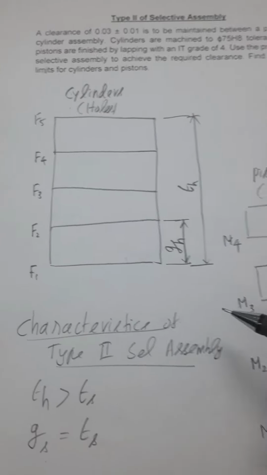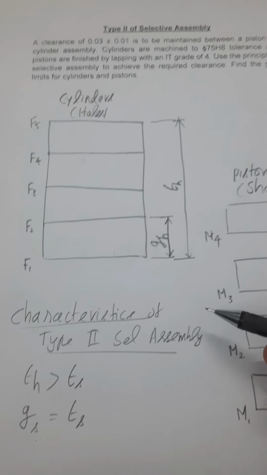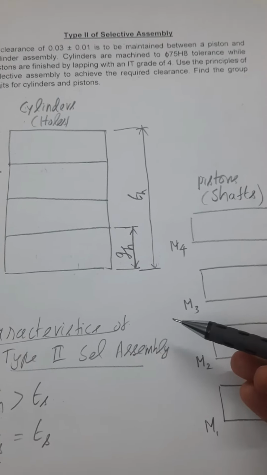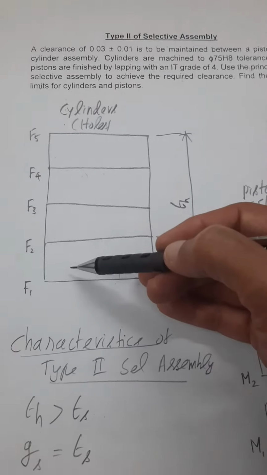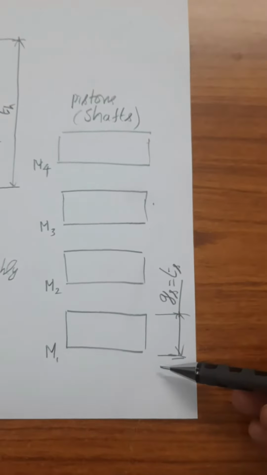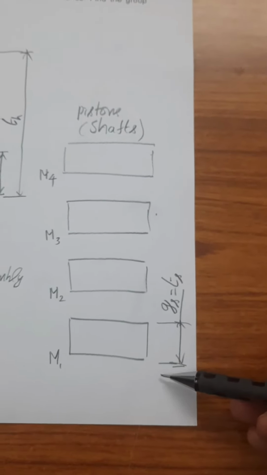Suppose you want to manufacture 1000 sets of piston cylinder assembly, then we have to have 1000 cylinders kept ready. Similarly, we should have 1000 pistons kept ready for assembly.